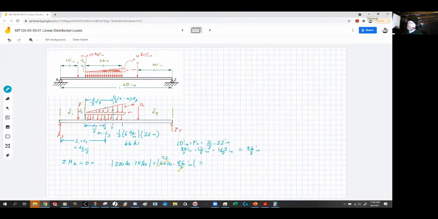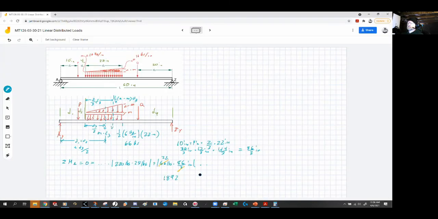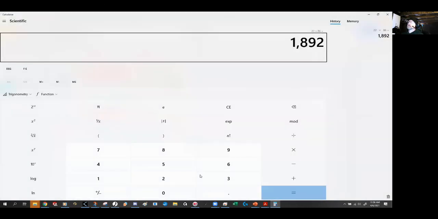Okay, so there'd be other terms in here as well. Okay, fine. So this would be 1892 inch pounds, and that's clockwise, so it's negative. And this is going to be 220 times 25. That's 5,500.